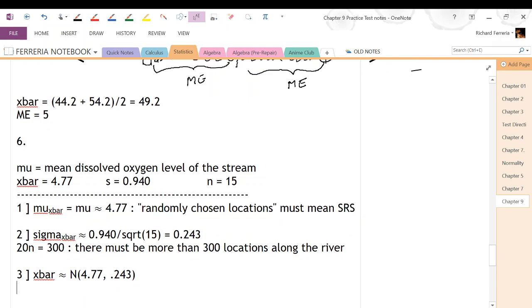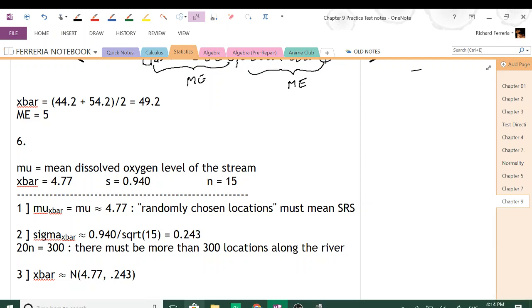How do I know that this is a normal distribution versus a sampling distribution? Do I have a normal population? No. Do I have a large sample? Oh crap, that means I have to do the other one, right?